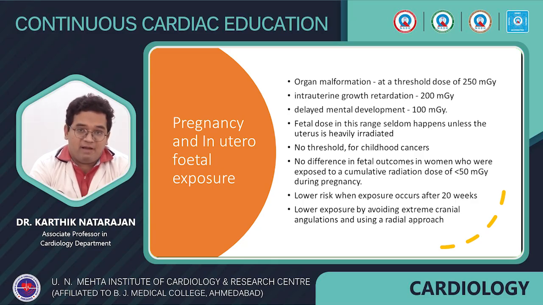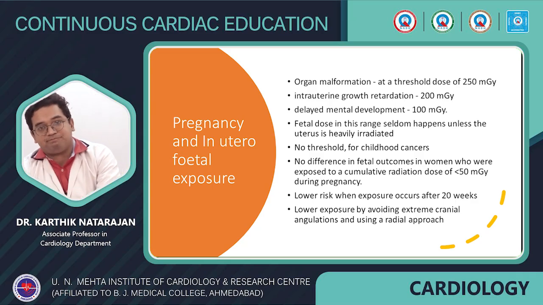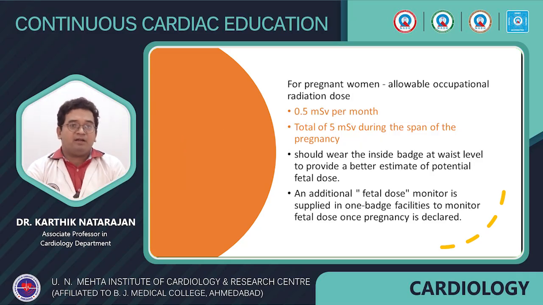Lower exposure by avoiding extremely cranial angulations and using a radial approach. So for pregnant women, they allowed occupational doses of 0.5 millisievert per month and a total of 5 millisievert during the span of the pregnancy. And they should wear the inner badge at the waist level to provide a better estimate of potential fetal dose.